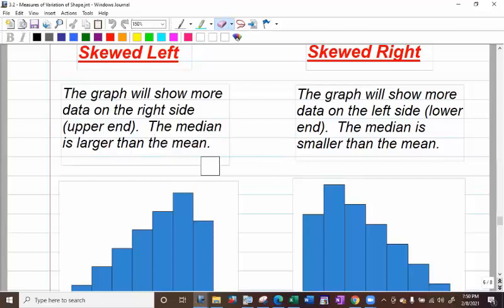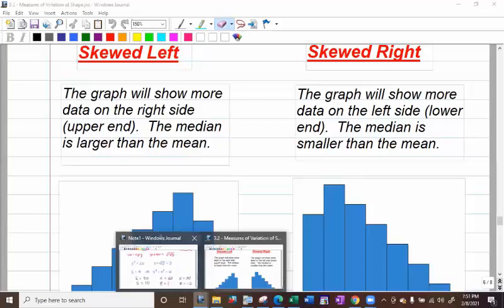The median's larger than the mean, which is the same thing. Be careful with this though, because median larger than the mean is exactly the same as saying the mean is less than the median, like inequalities. In other words, let me go back to my scratch page. So just be able to reverse that wording if you needed to.